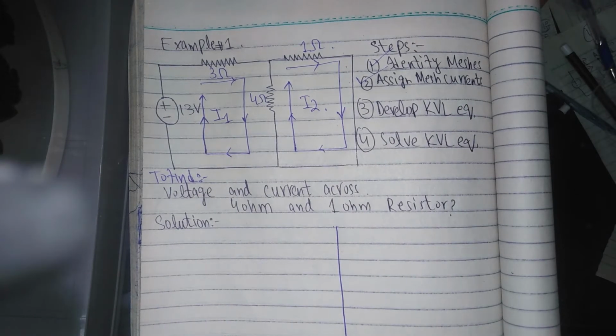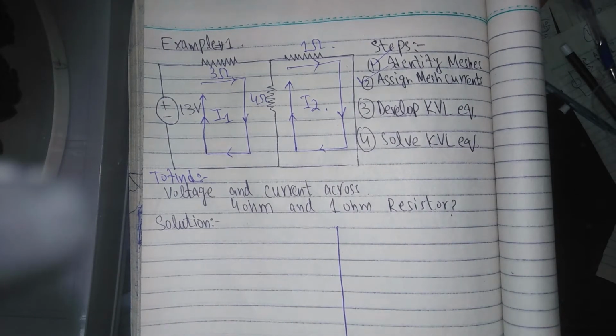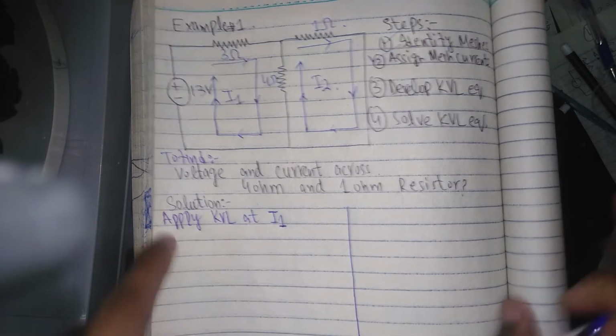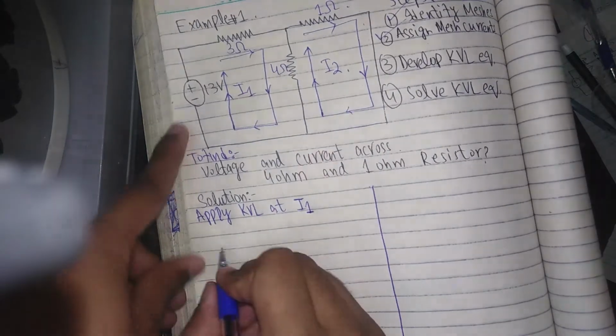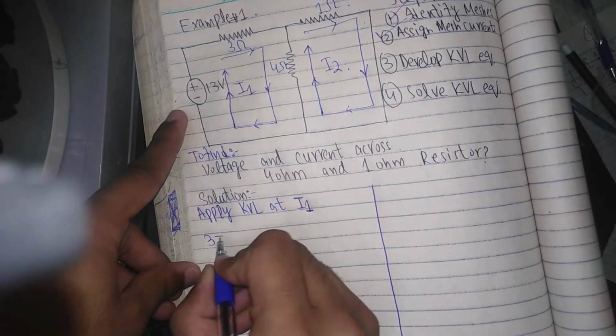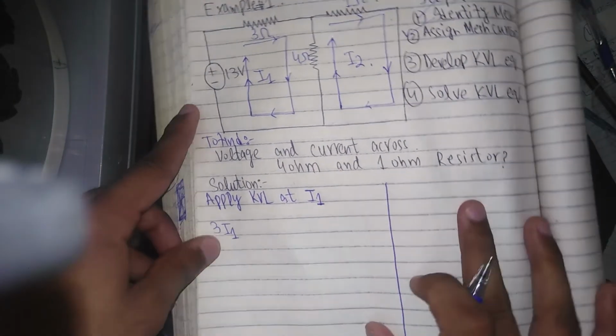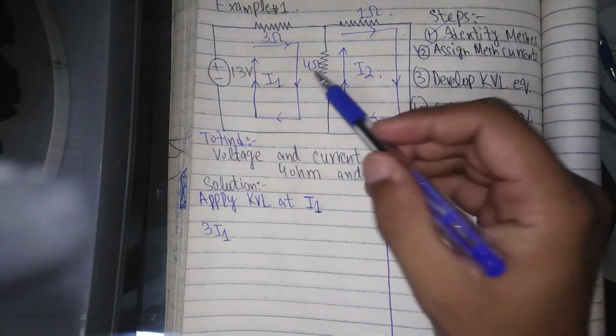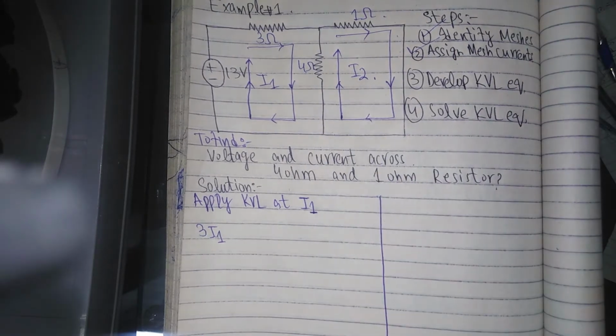Now our third step is to develop KVL equations, or apply KVL in those 2 loops or meshes. Now we will apply KVL at loop I1. Students, we will start from here. Here it is 3I1. Then across the 4 ohm there are 2 currents flowing, I1 and I2.